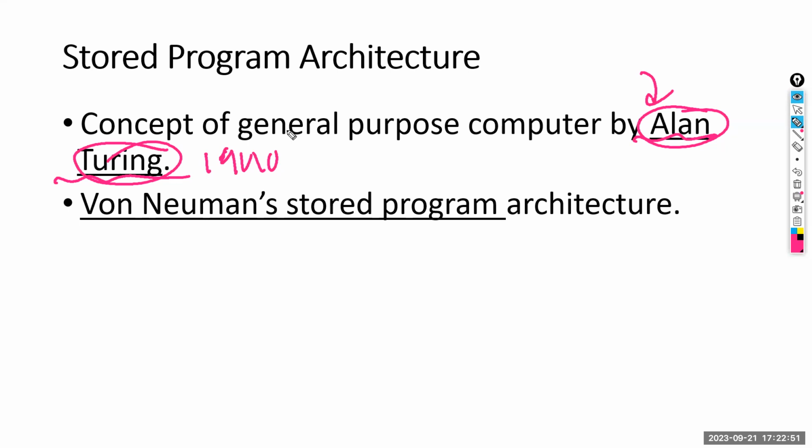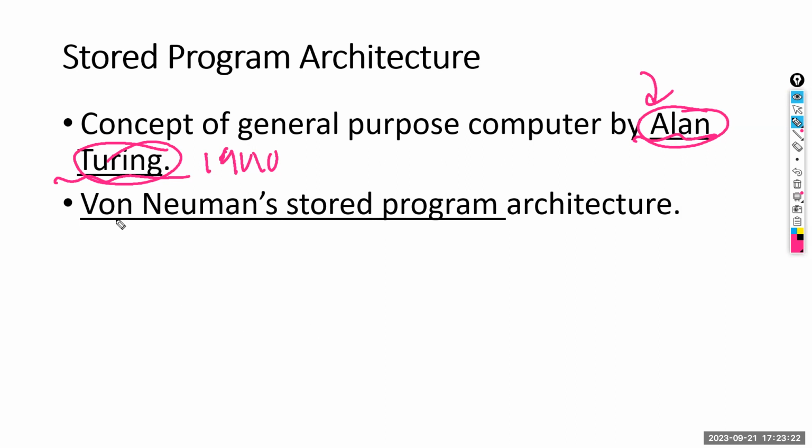Of course, we will look at some other people like Pascal, and so on, but these are more modern computer scientists. Turing proposed the concept of the general purpose computer. He never built a computer like that; he just came up with the idea.